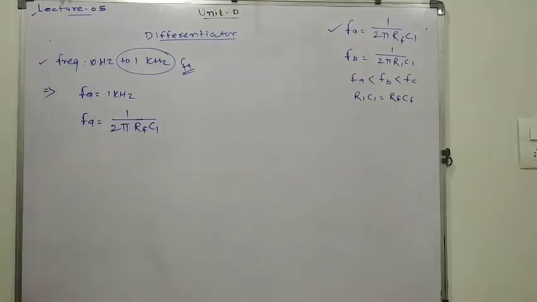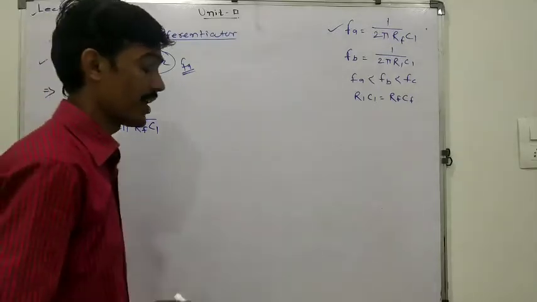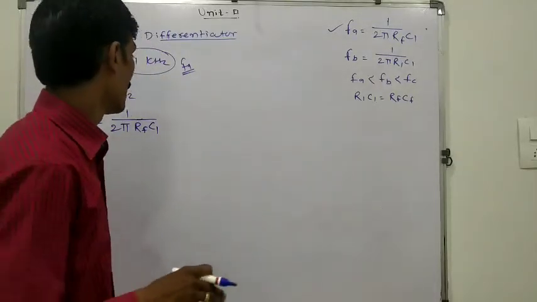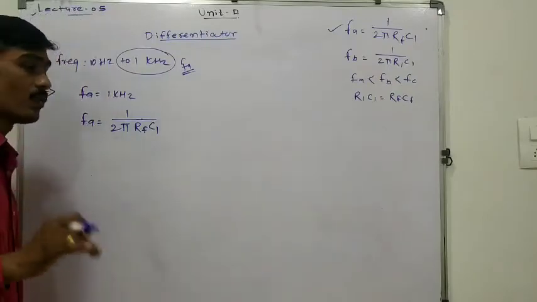Now here we know that the capacitor value C1 is chosen to be less than 1 microfarad. Either you can select 1 microfarad or less than 1 microfarad. You can select 0.1 microfarad, you can select 0.01 microfarad, but it must not be more than 1 microfarad.